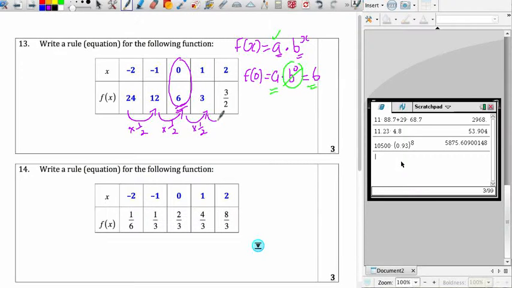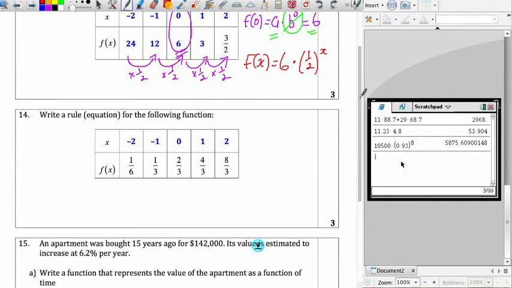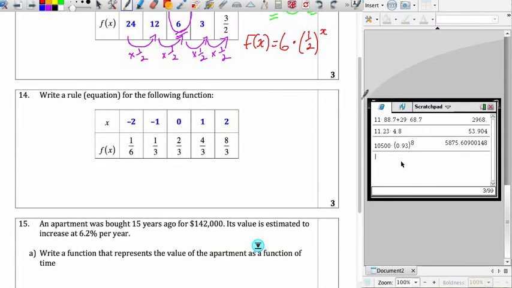And you can see very clearly that the pattern is, in each instance, you're dividing by 2 or multiplying by 1/2. And this tells us that 1/2 is the value of b. And so we are now in a position to write our exponential function as 6 multiplied by 1/2 to the power of x.